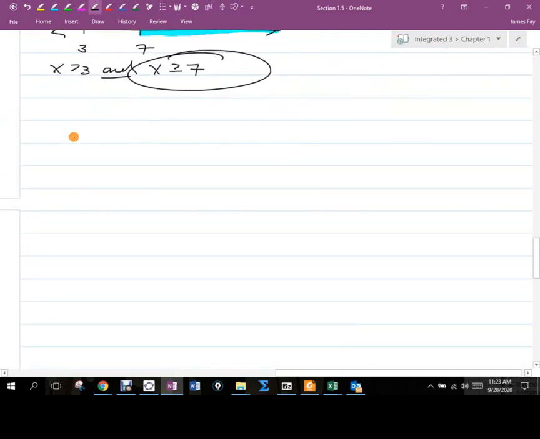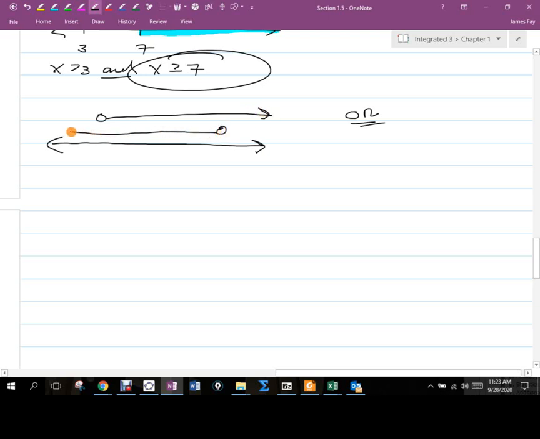We could have things like this. Let's say we're looking at or. So the word is or. And we have things that are going this direction, and then we have things that are going that direction. Okay?